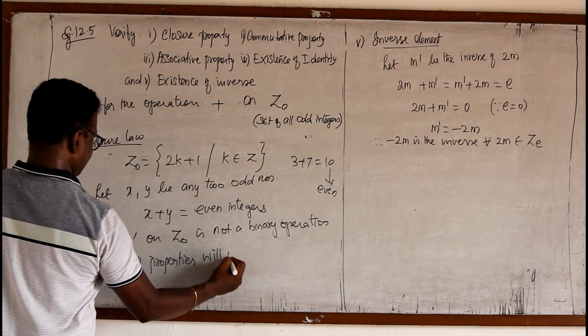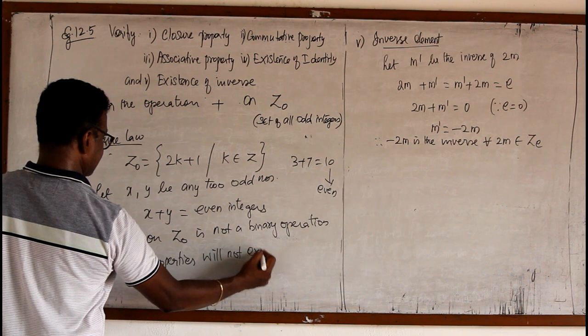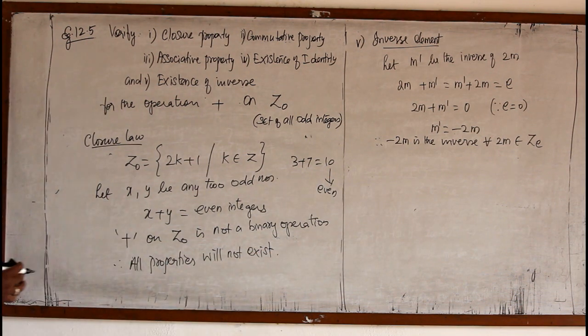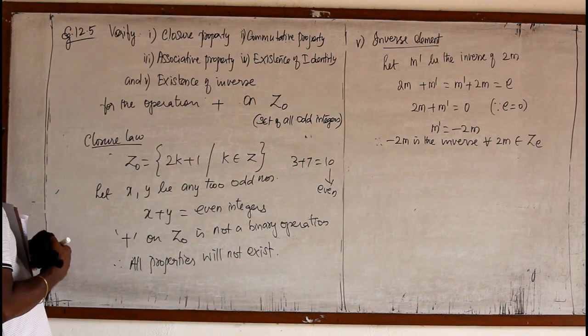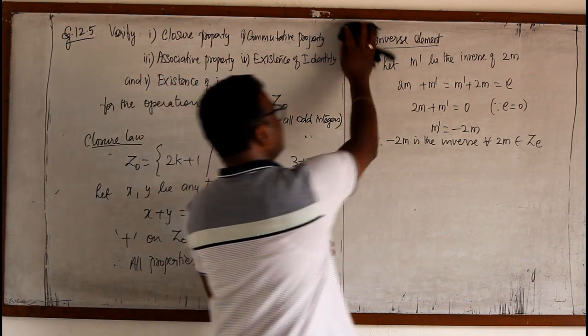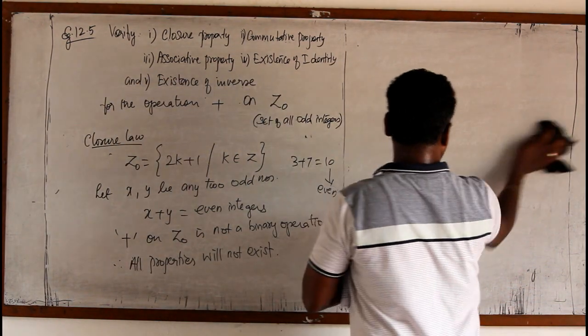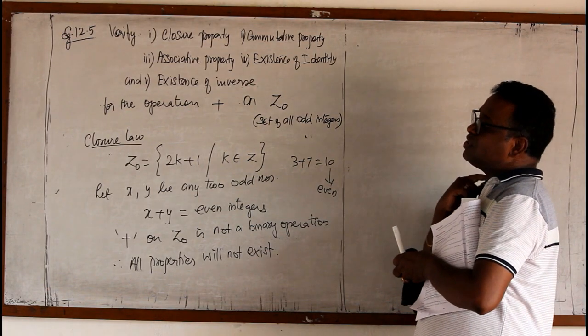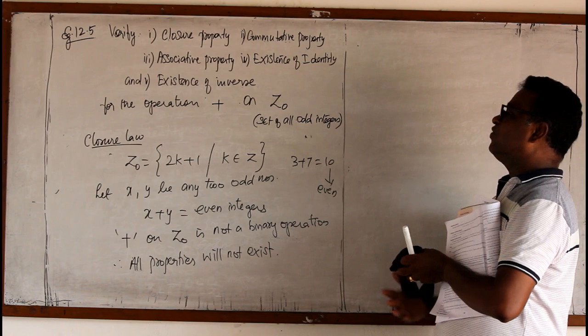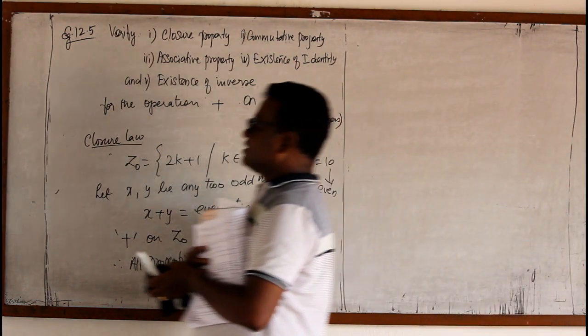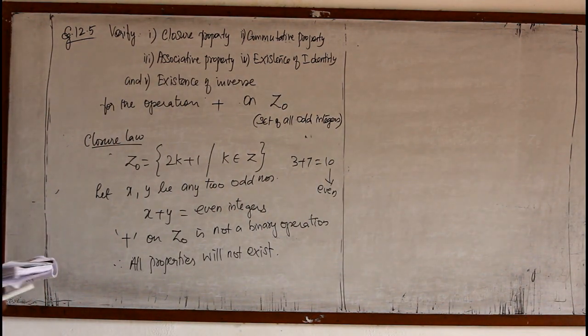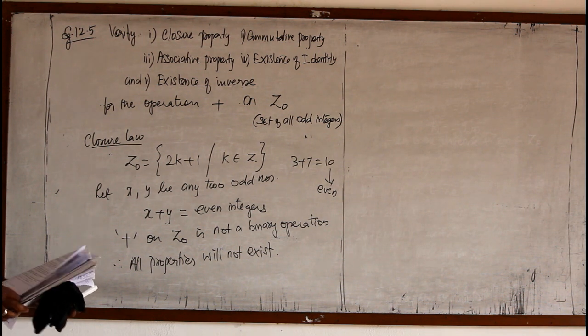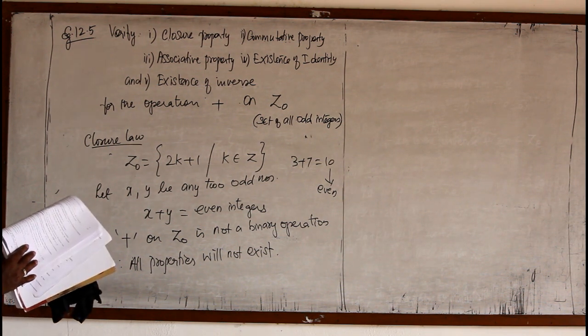This is the problem on odd integers. Since when I add two odd numbers the result will be even only, I definitely won't get an odd number as the answer. Therefore, all these properties won't exist in the set of all odd numbers. With that example, 12.5 is over.